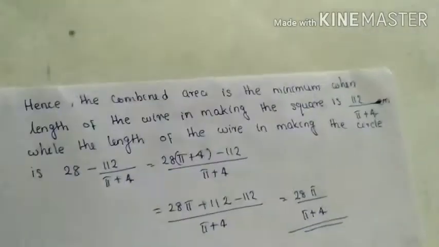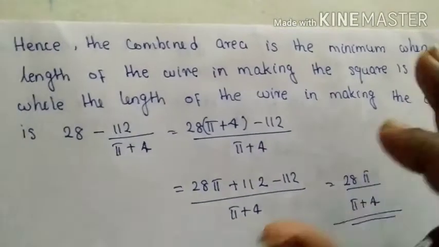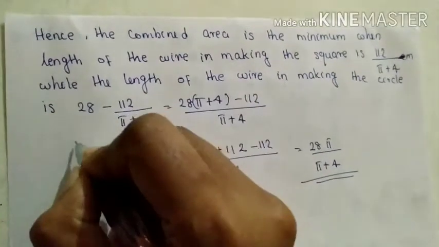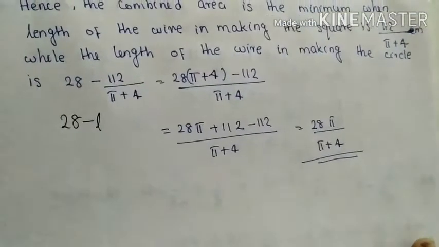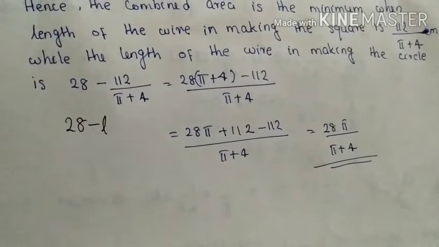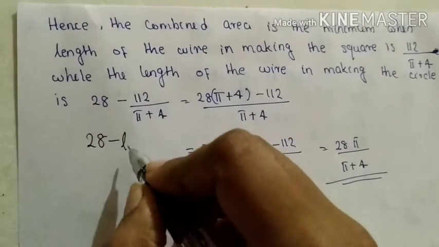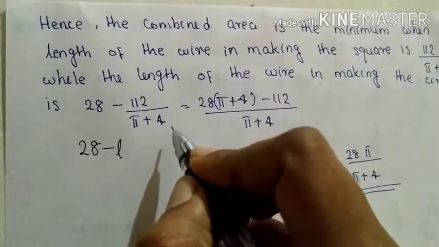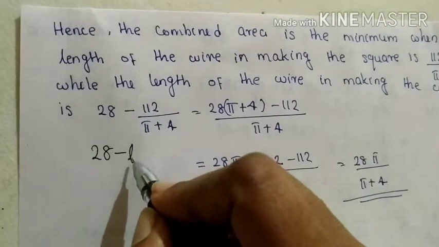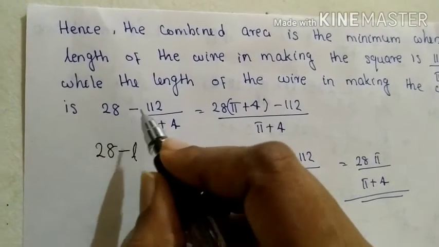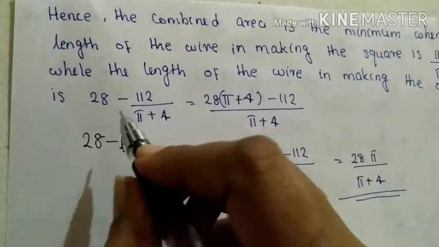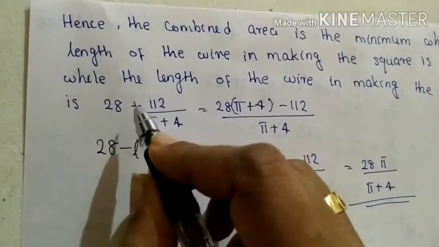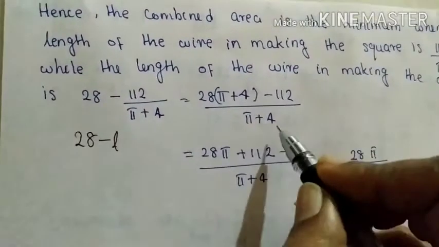Here the value of L that we have already is 112 by pi plus 4. Substituting the value of L, we get 28 minus 112 by pi plus 4. Cross multiplying, we get 28 into pi plus 4 minus 112, divided by pi plus 4.